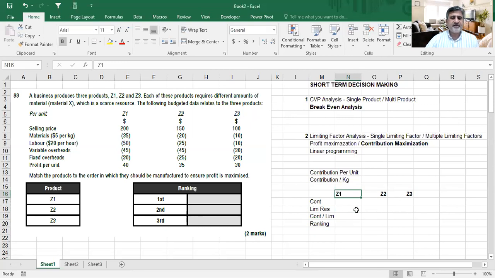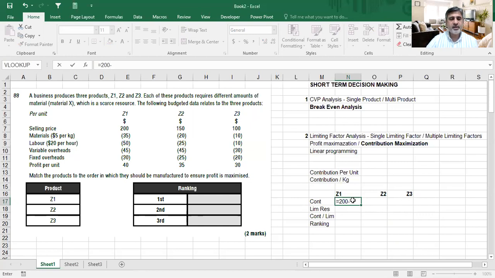Anyways, how much is the contribution from Z1? Zaki, can you tell me? How do you get contribution? Contribution is sales price minus variable cost.